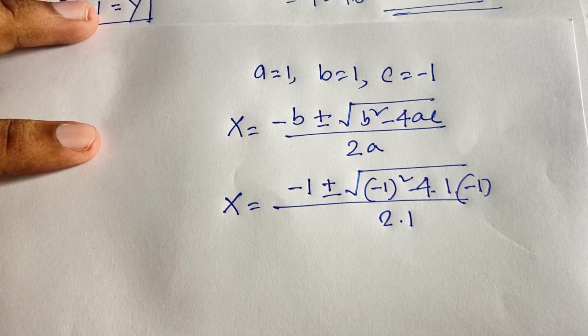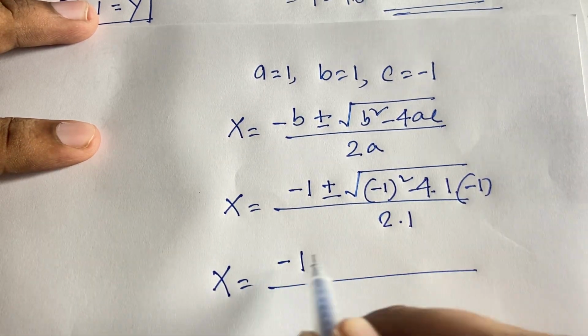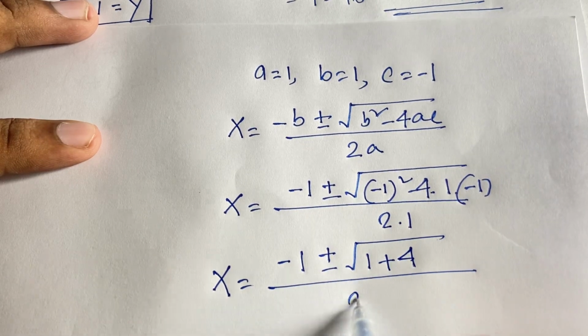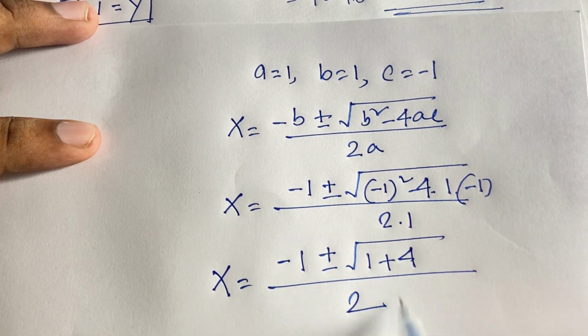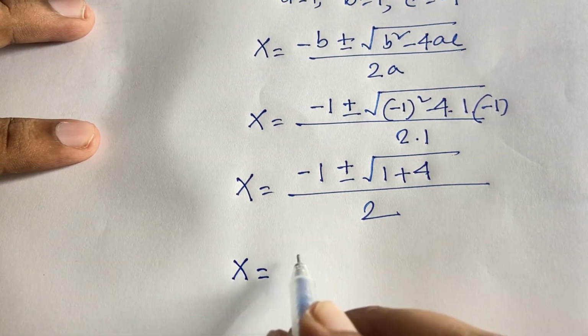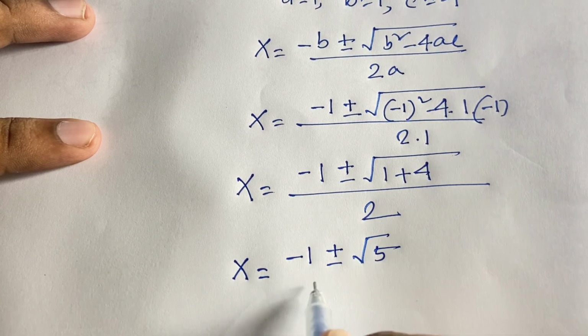So in this case we will find out x is equal to minus 1 plus minus square root 1 plus 4 over 2, minus minus it will be plus, and this equation becomes x is equal to minus 1 plus minus square root 5 over 2.